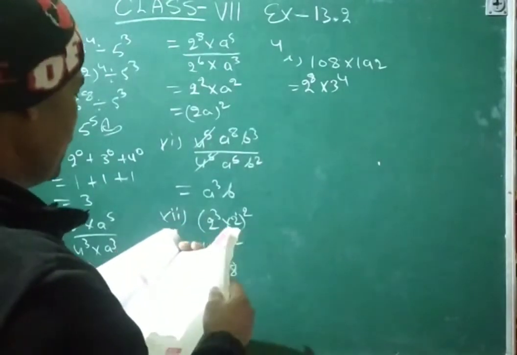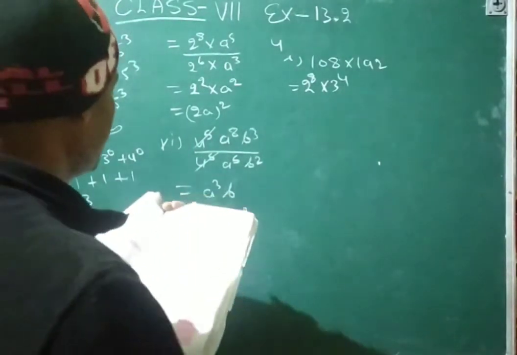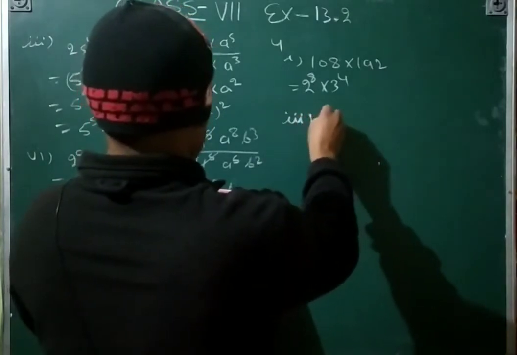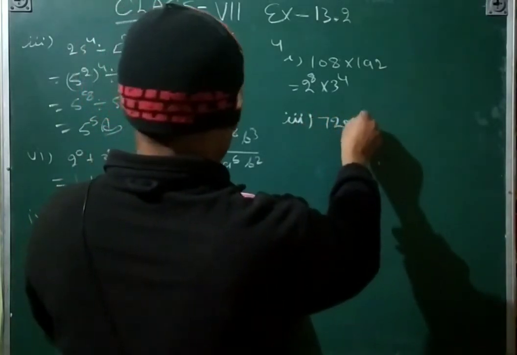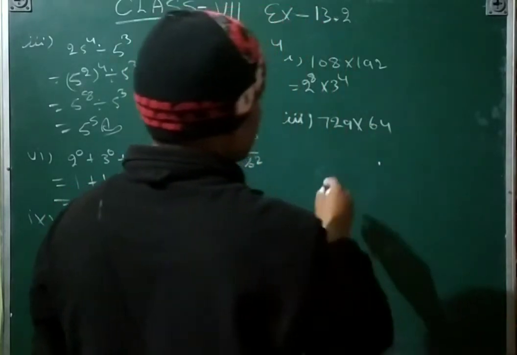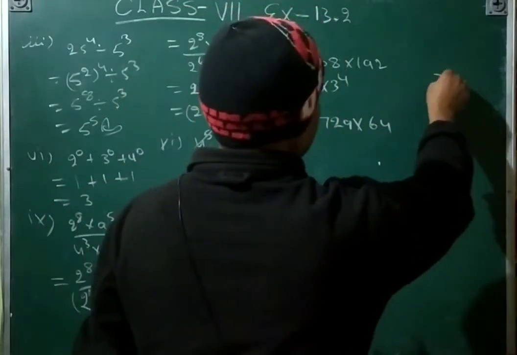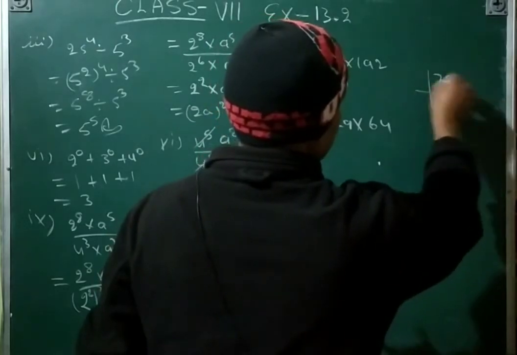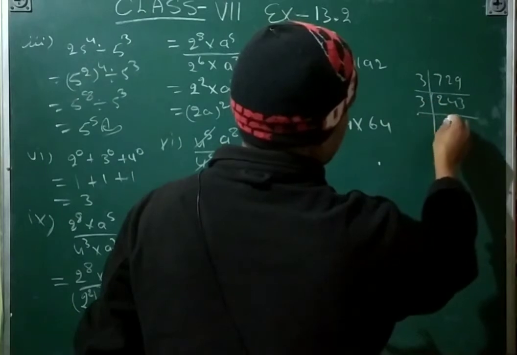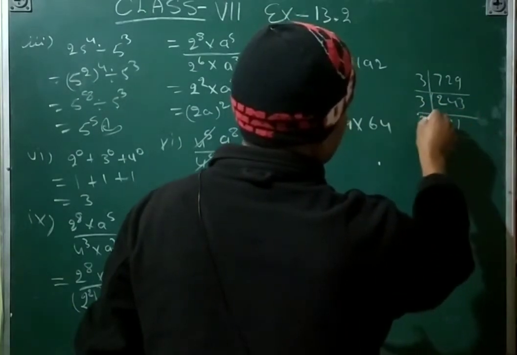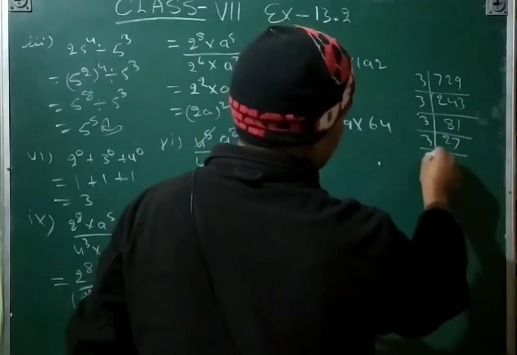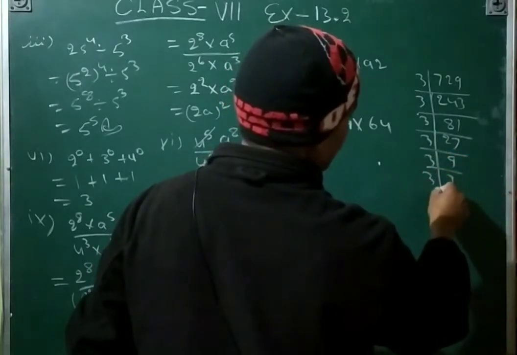Similarly, 217 you can do, 70 you can do, 7, that is a third part. 729 multiply 64. Similarly, you will make the factor of this one. 3 2s, 3 4s, 3 3s, and then 3 8s, 3 1s, 3 27s, 3 9s, 3 3s, 3 1s.